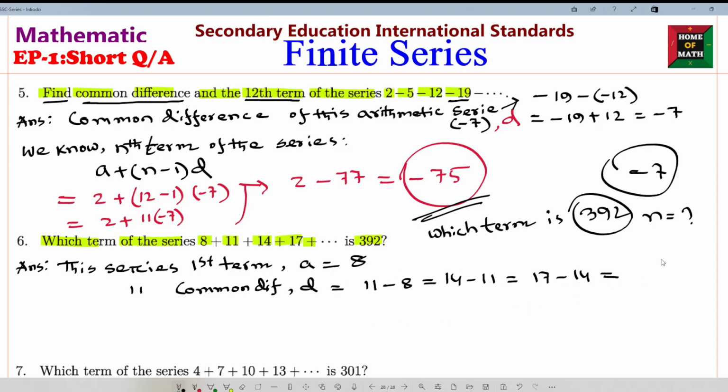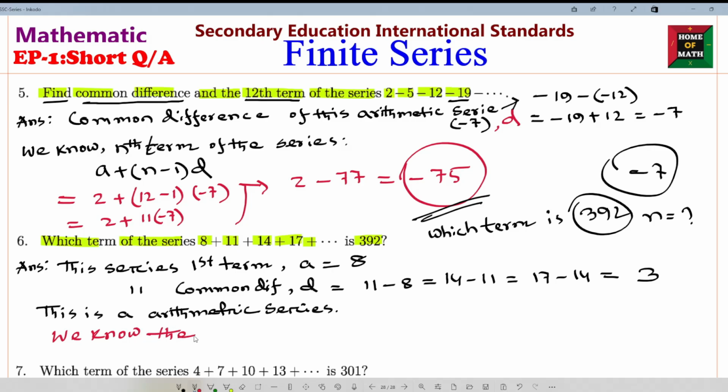It means common difference is 3. Okay, so this is an arithmetic sequence, arithmetic series. So we know the nth term is a plus n minus 1 times d.